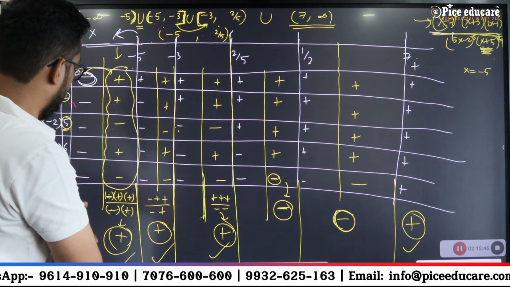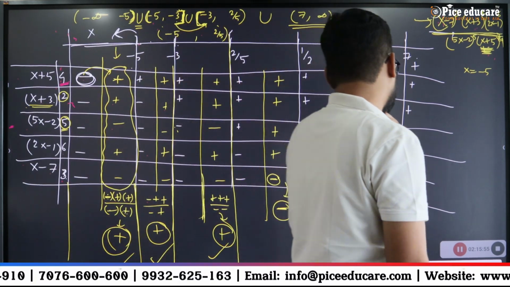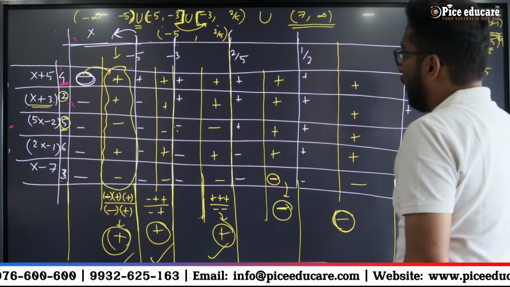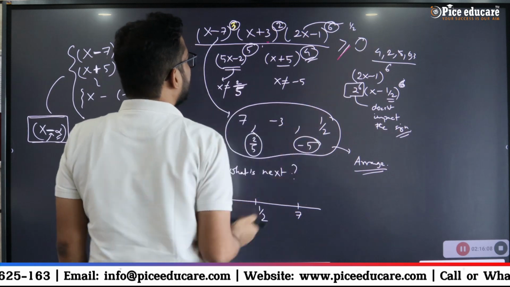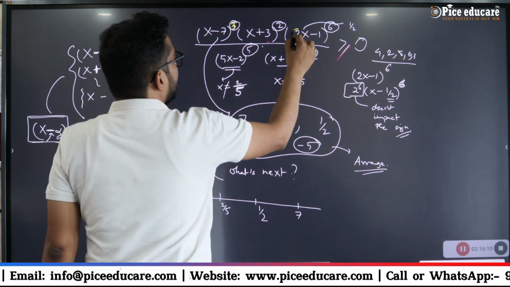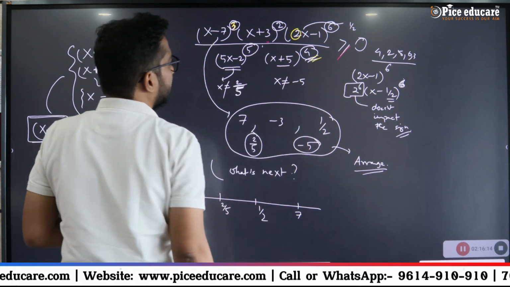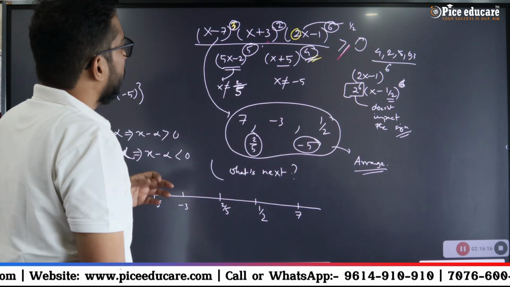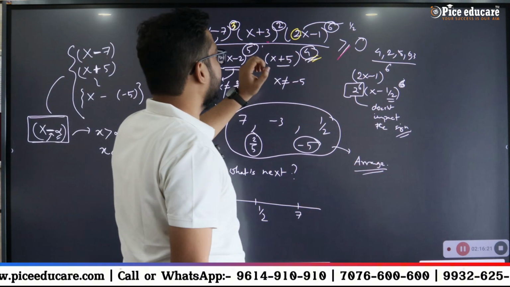I hope that with this discussion, if I give you any complicated expression, with as many factors, as many constants, as many different powers as you want, you will be able to solve it, because this chart is the main thing.